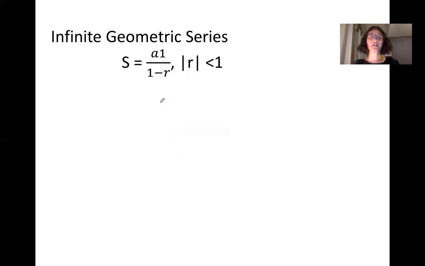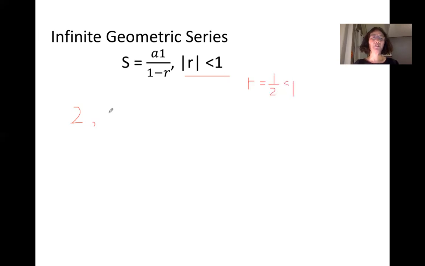If you have a geometric series with common ratio smaller than 1, for example, suppose the common ratio is 1/2, so that it satisfies being smaller than 1.